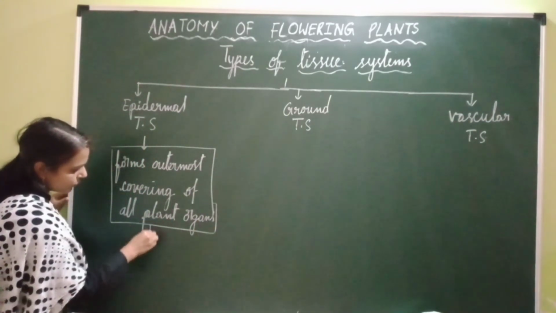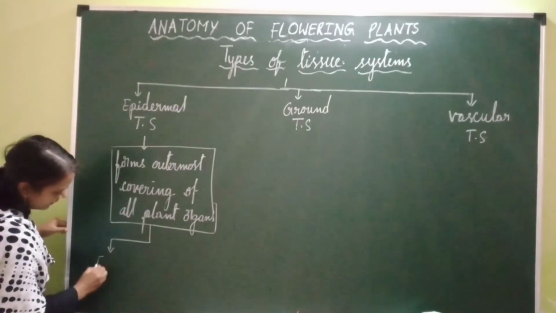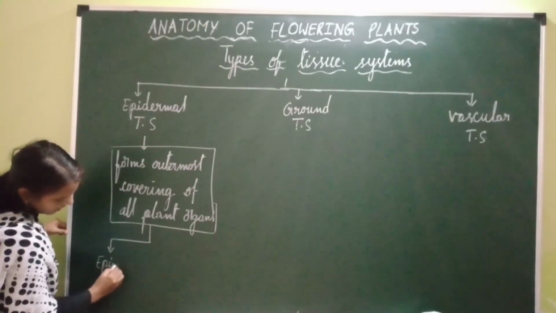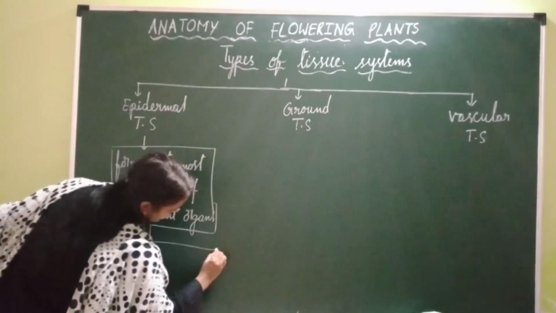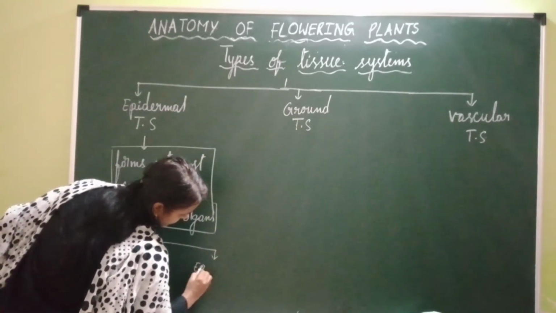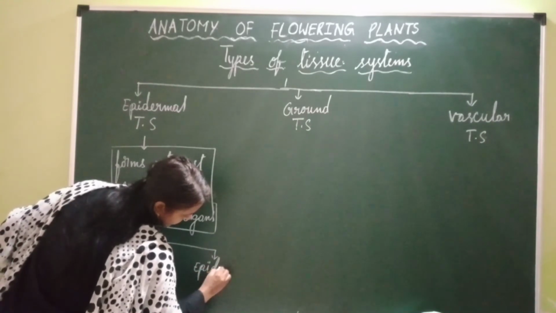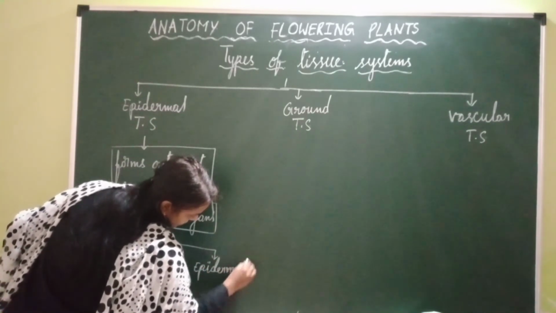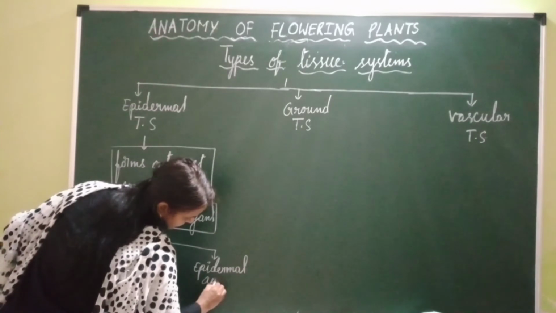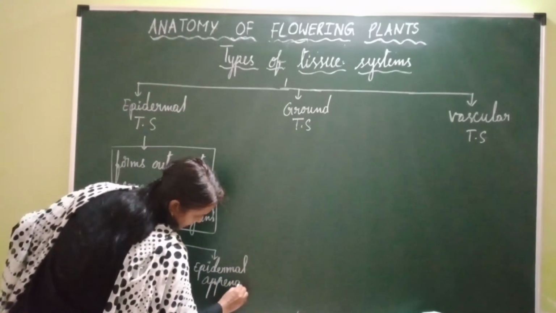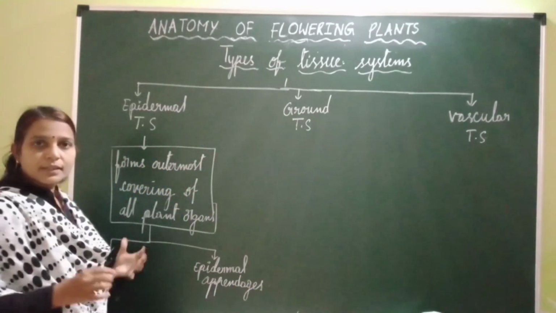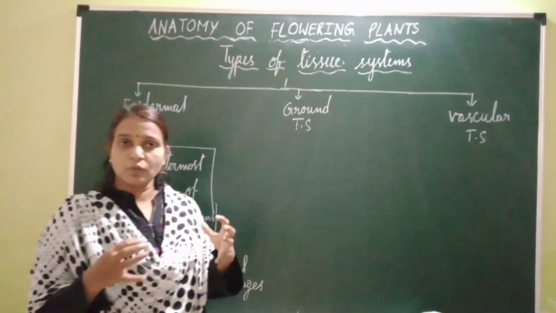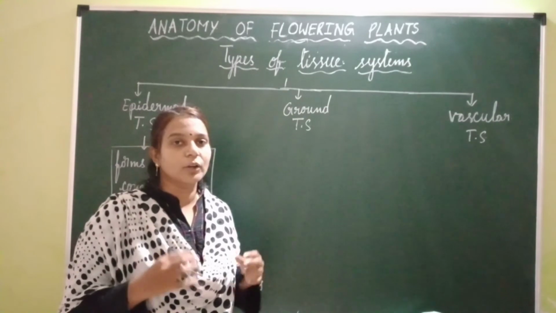So it consists of two components. They are epidermis and epidermal appendages, right? Okay, vascular tissue system. Vascular tissue system generally forms the center part of plant organs.